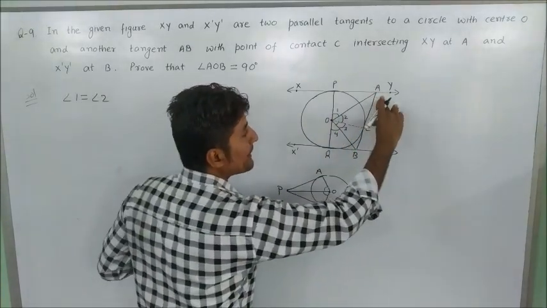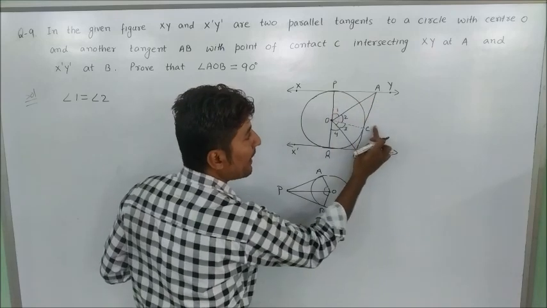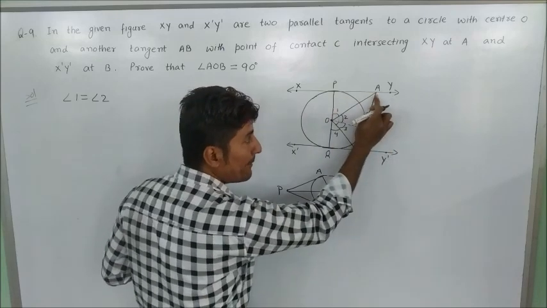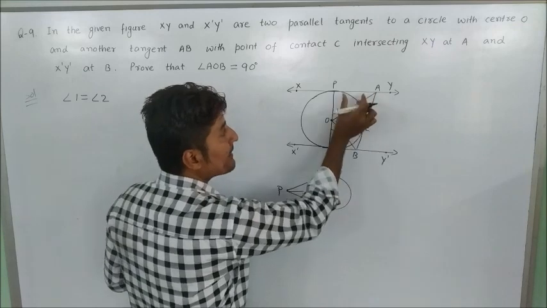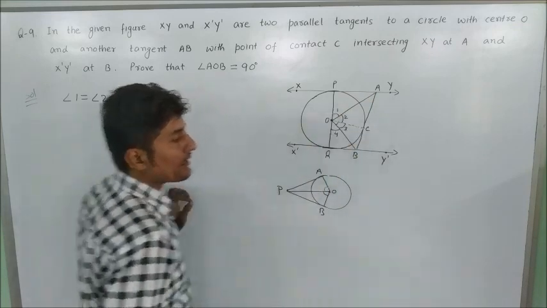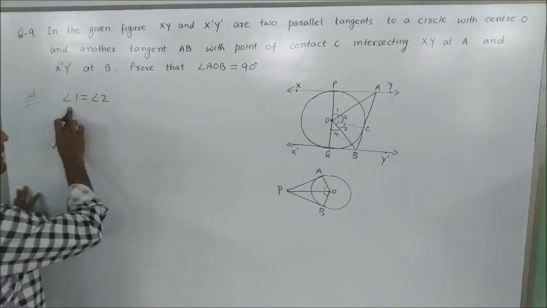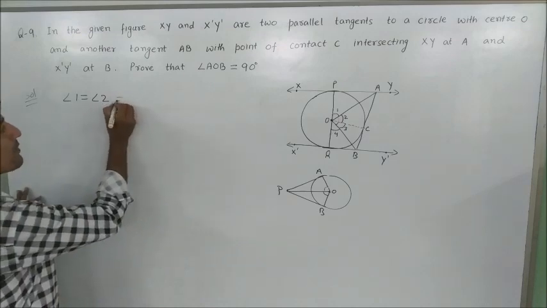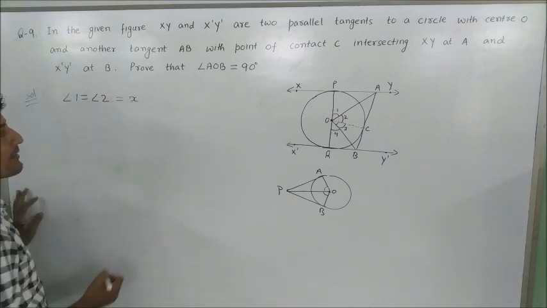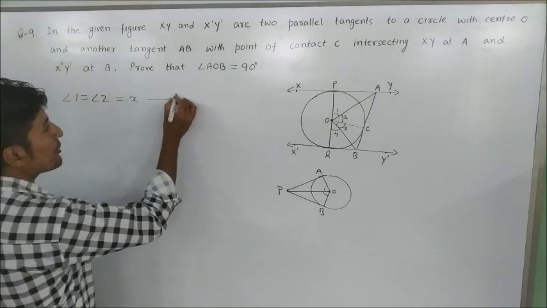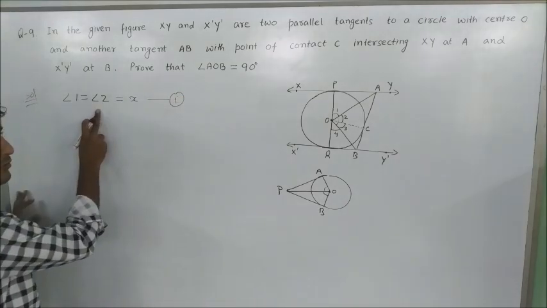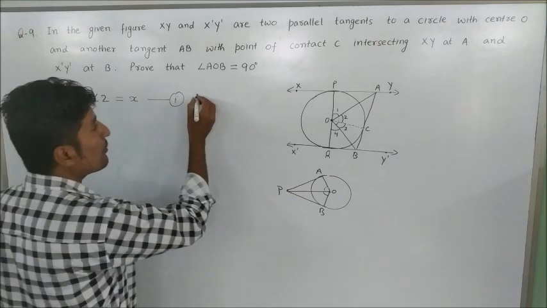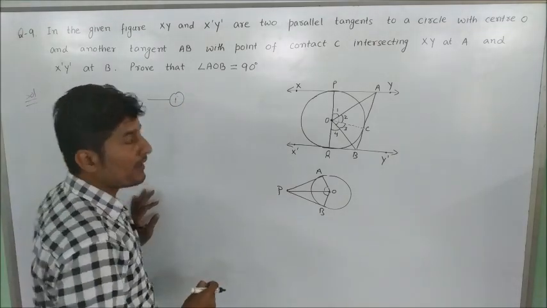AP and AC are two tangents drawn from the same external point A. Hence, they will subtend equal angles at the center. So, I have written here angle 1 is equals to angle 2. Suppose both are equals to x, that I have assumed. This can be taken as equation number 1. Why angle 1 and 2 both are equal? Because equal tangents subtend equal angles at the center.